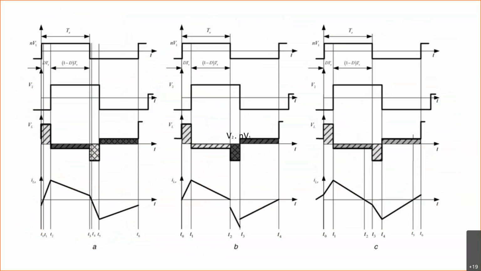This is the first case, where this t naught is the initial current. Here I of t naught is negative, whereas here I of t naught is 0, and here I of t naught is positive. All these correspond to V2 greater than N V1.